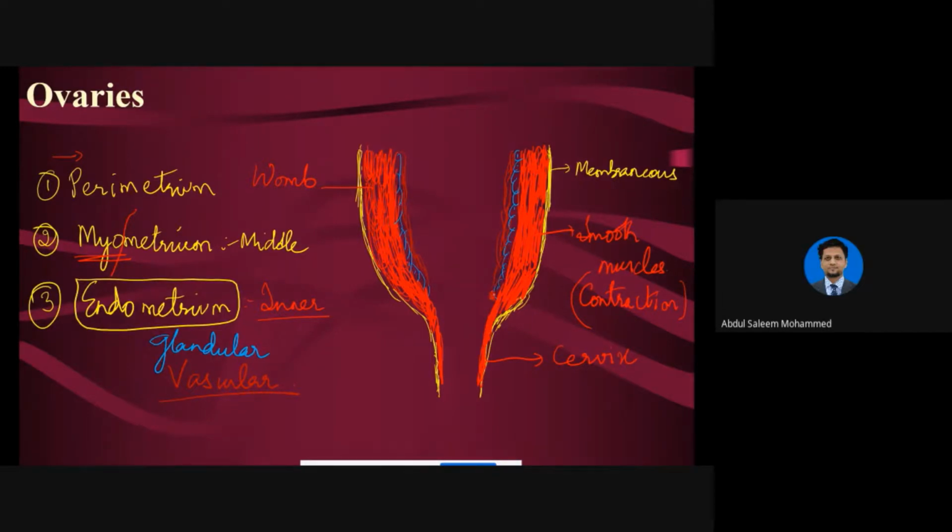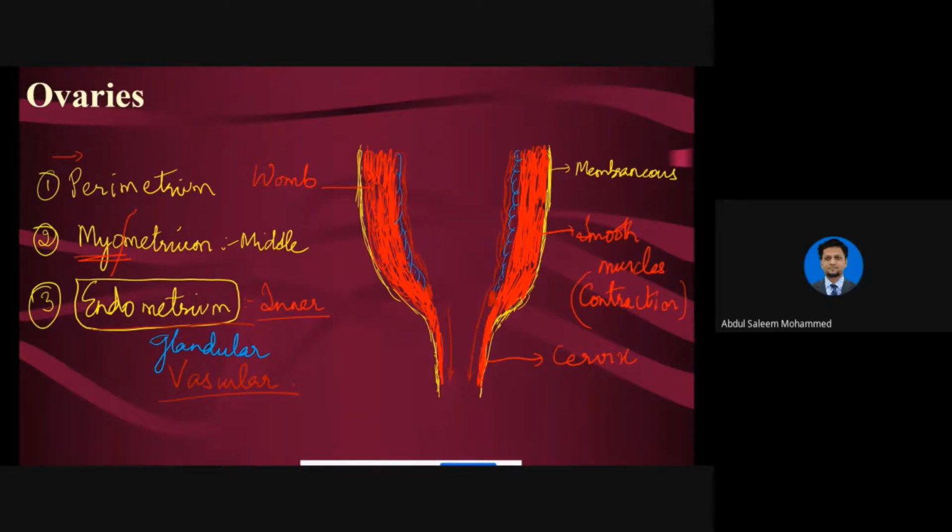During the menstrual phase, when the menstrual cycle takes place in females, there is one phase, the menstrual phase. During this phase, the endometrial walls will be completely removed. They will be completely terminated out from the body.